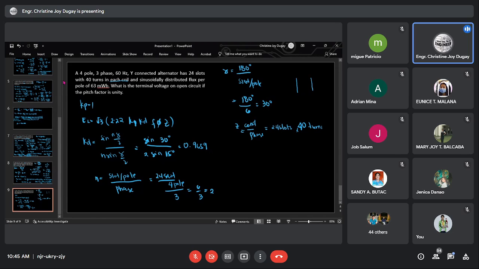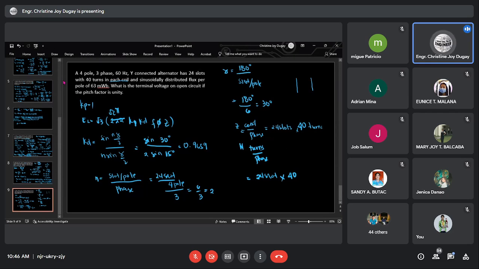So if you're going to use NC here, palitan natin to ng square root of 2 pi, no? Palitan natin yan. So kung NC ang gagamitin natin, that is turns per phase, di ba? Wherein that is equal to, meron tayong 24 slots, and then times natin siya sa, so ibig sabihin dalawang coil yan kasi isang coil lang yung sinabi niya.